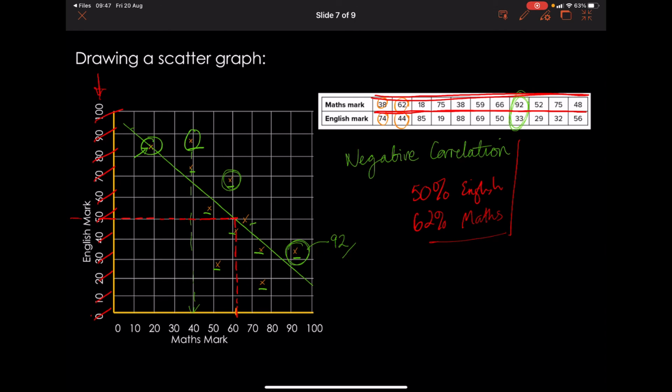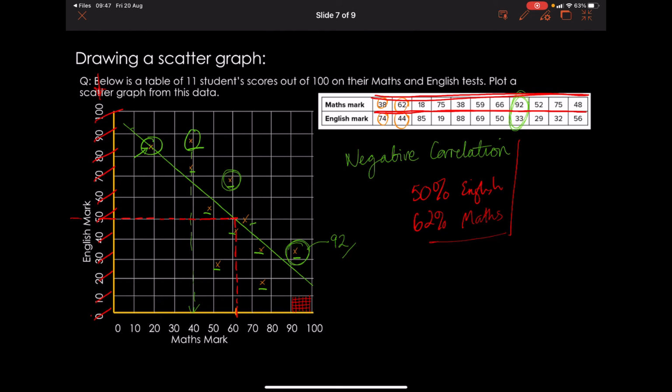Okay, 10s was the easiest option here, and you are just estimating when you're putting in your points. Okay, so don't panic. I mean, sometimes you might get it where it's really easy, and because you've got these little lines that they give you, sometimes they give you grids with extra little lines, it might even be easier. Okay, so you get something that looks a bit like that, and you can actually go up in a certain amount of numbers, but you've just got to be very careful.